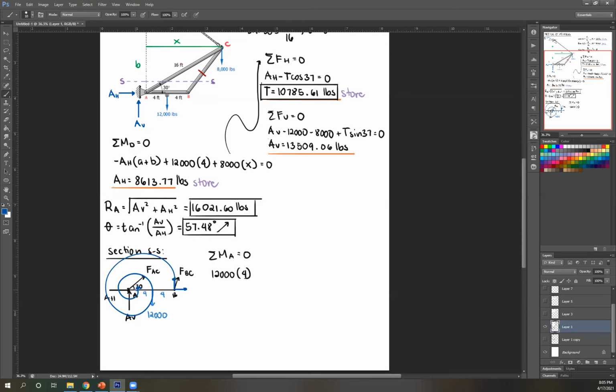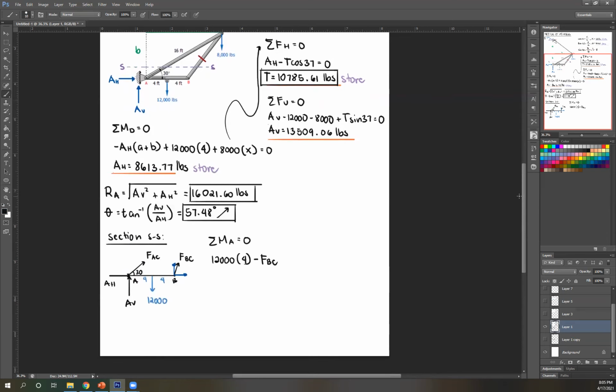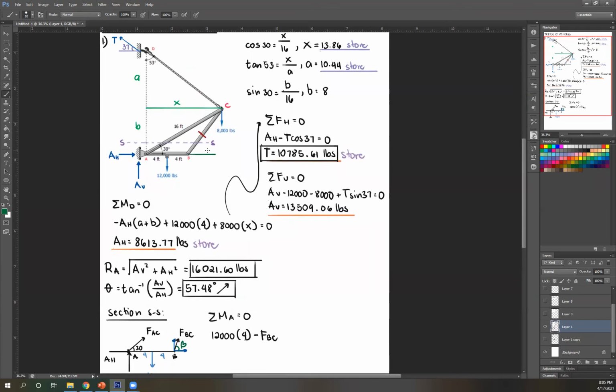Rotating it about A, that's counterclockwise, therefore negative. So you got negative vertical component of FBC. So how can I get that? Okay. So to get that, I need to know either its slope or its angle from the horizontal. Okay. So angle from the horizontal, it's this angle. Let's call that beta, since it's at point B. Okay. So BC is the same here. So this is your beta.